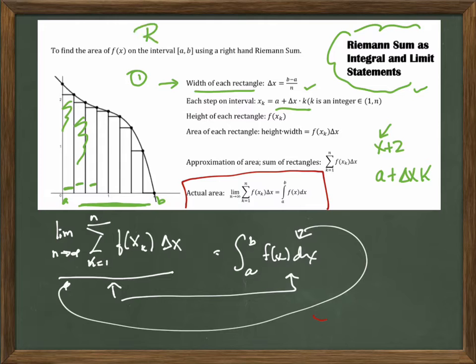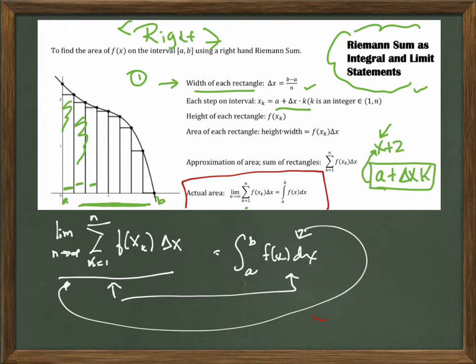And by the way, this is a right. They always give it to you in the right form. If it was 0 to n, it would be a left. So, okay, a plus delta x k is what goes inside the x. So I would replace this x with a plus delta x k, okay?